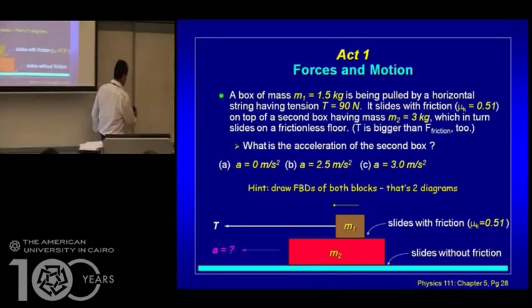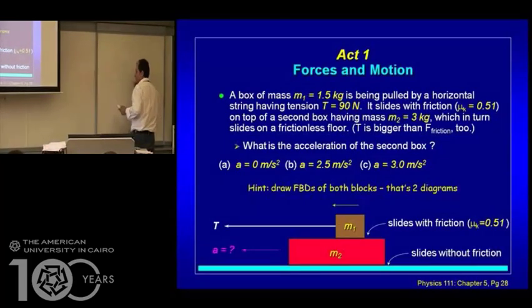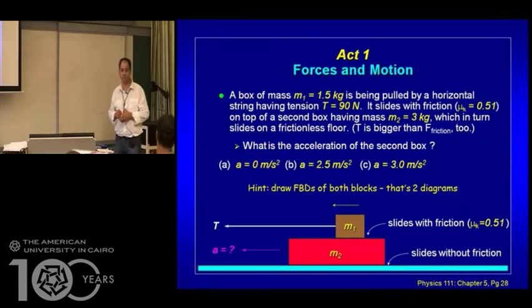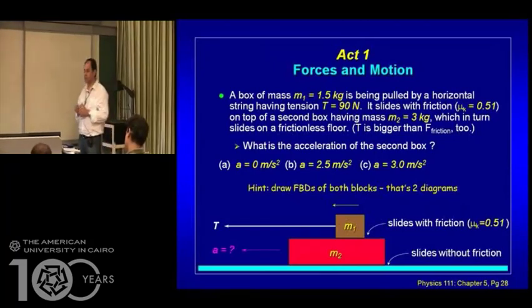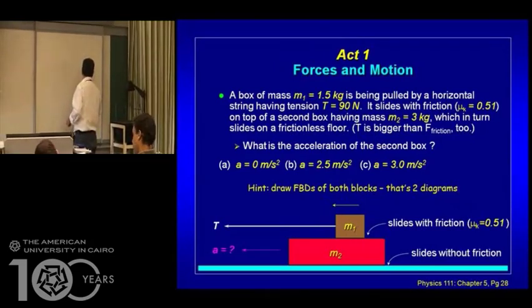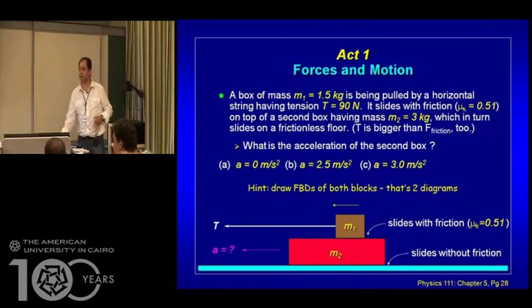Yeah, that's good. We start by drawing the free body diagram. Which one? For M2? For the whole system? For M1 and M2? No, for M1 alone, and then M2. For M1, what are the forces acting on M1?